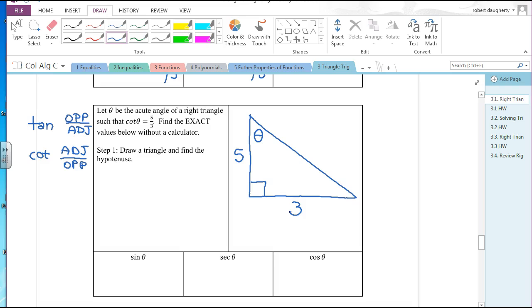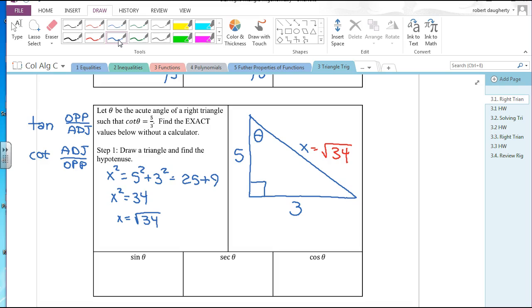Right, so if I want to figure out what this is, x squared is going to be equal to 5 squared plus 3 squared, which is 25 plus 9. So x squared is equal to 34. So what is x? Square root of 34. So the length of this side is the square root of 34.